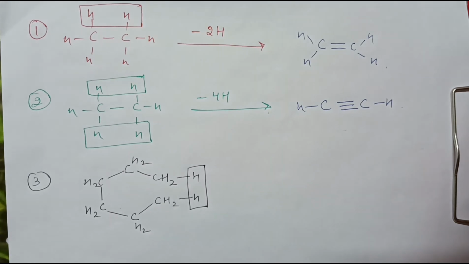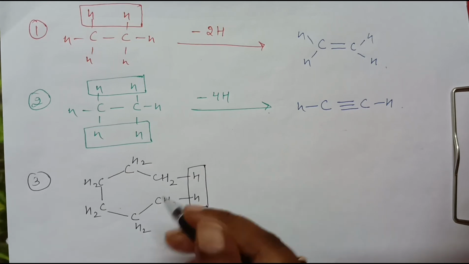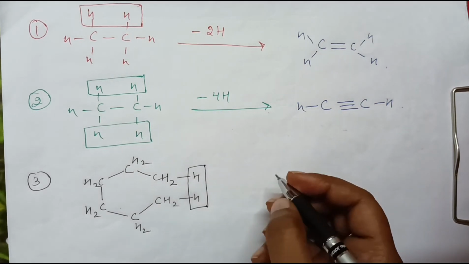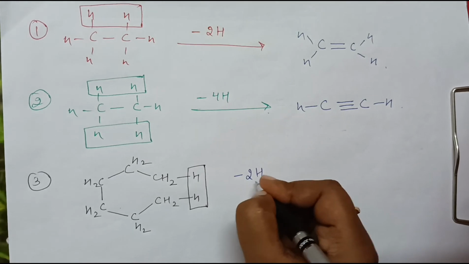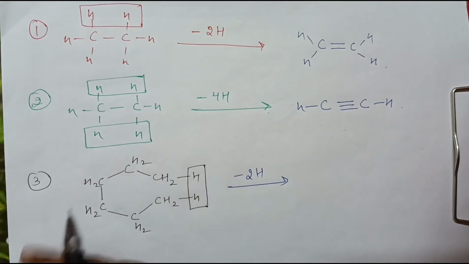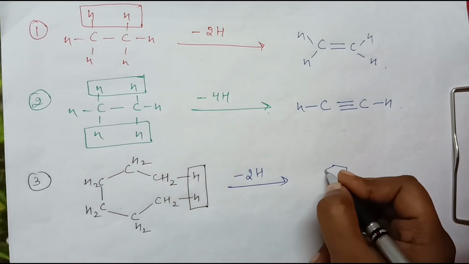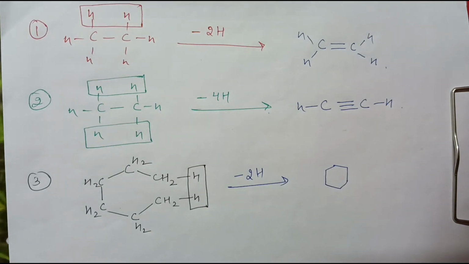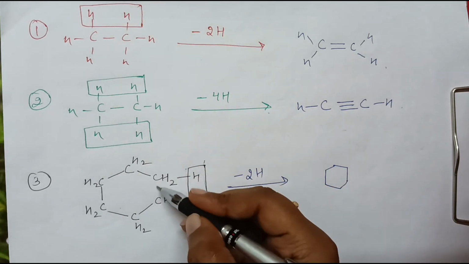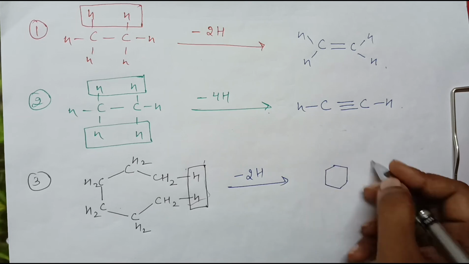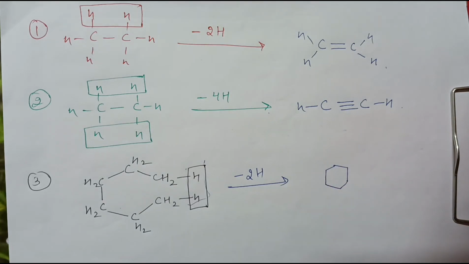If we take out these 2 hydrogens, then we can change this into a cycloalkane like this. If these 2 hydrogens are removed, then a bond between these two will be formed and we will get a cycloalkane.